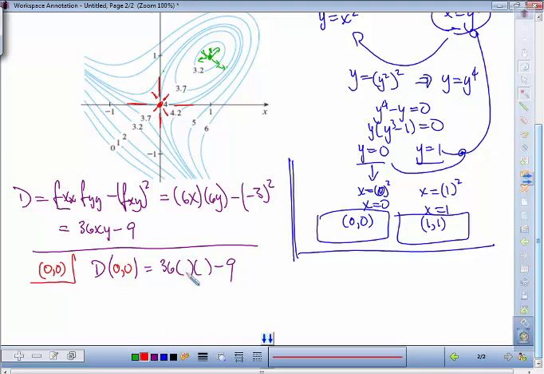So x is 0, y is 0. And so this turns out to be -9. Oh, I don't even care what it turns out to be. All I know is that this is less than 0. That's what I was really going for. So according to our second derivative test, this is a saddle point. So we're done with that.